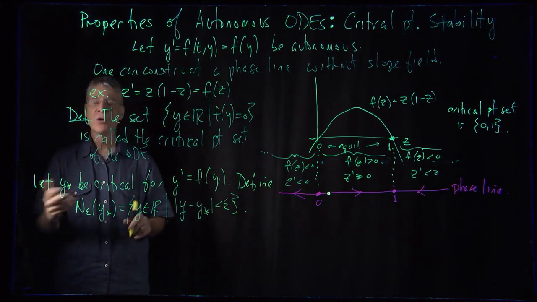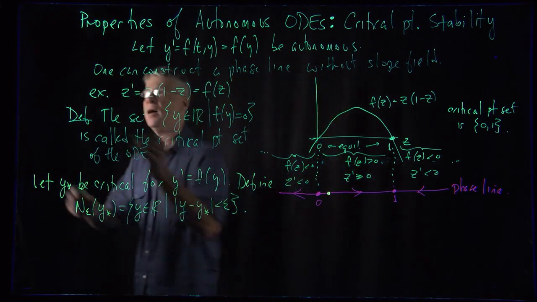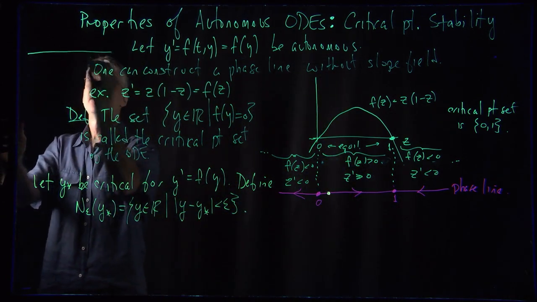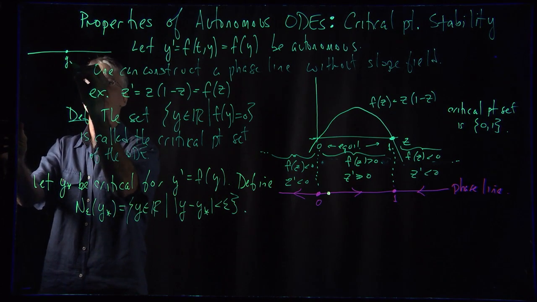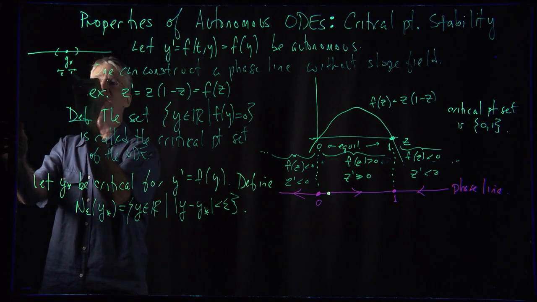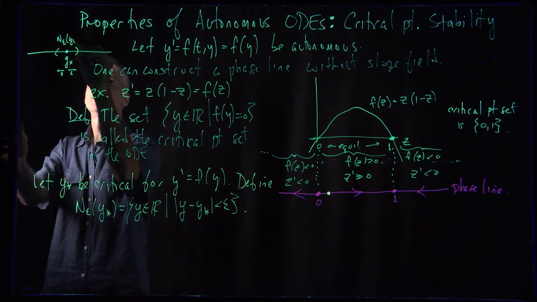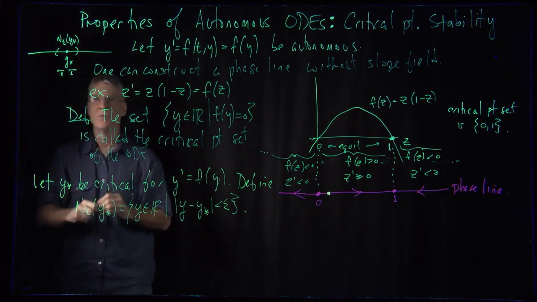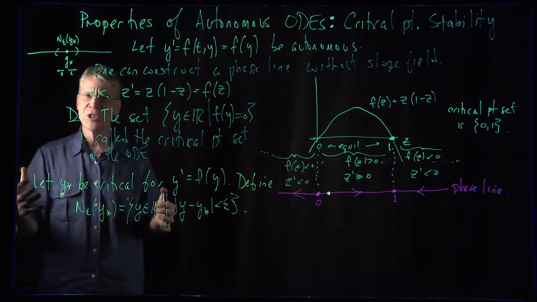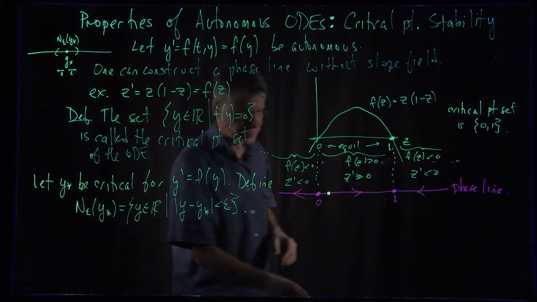So really all that means is, if I had my y star here, and this distance was epsilon, then this little open set is N sub epsilon of y star. It gives me a chance to say what happens around an equilibrium.